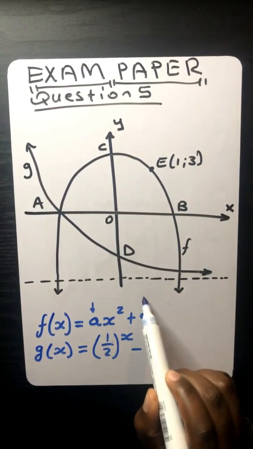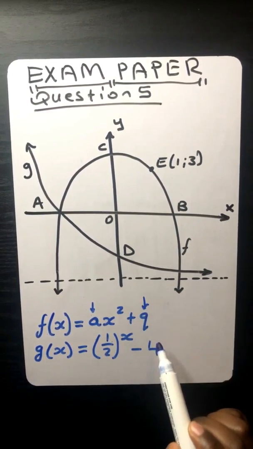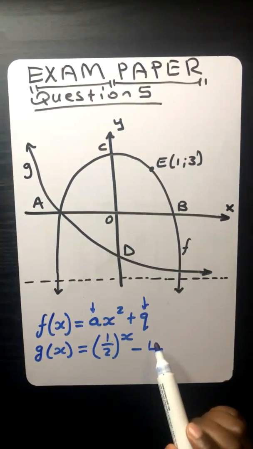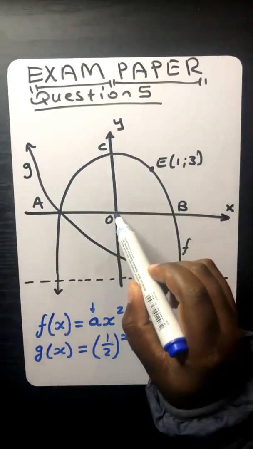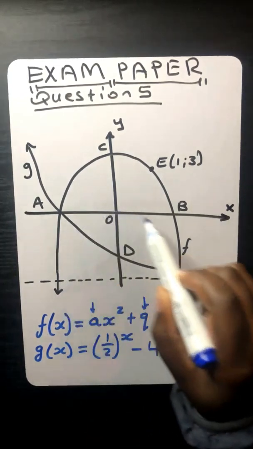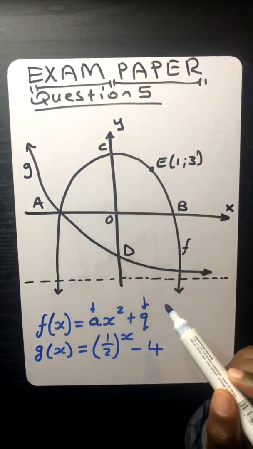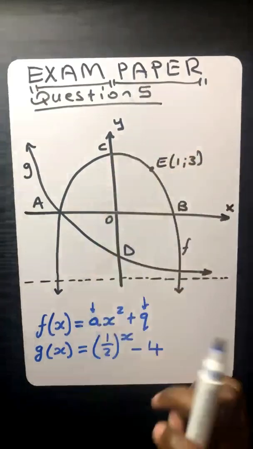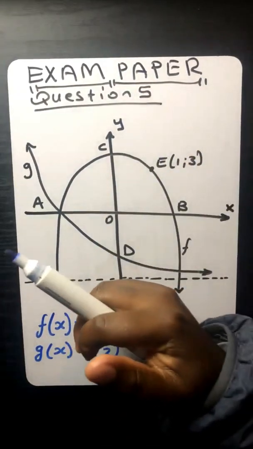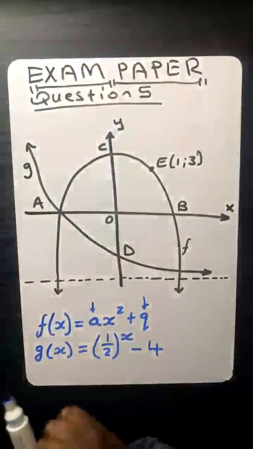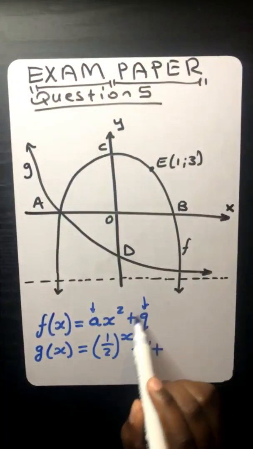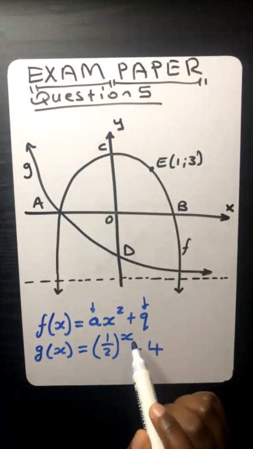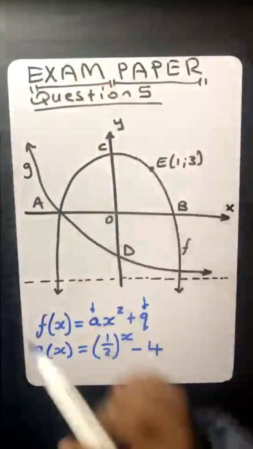With regards to Q, we said Q represents the vertical shift. What does it mean by the vertical shift? It means this parabola was actually making a U-turn at the origin, but now you can see it's no longer making the U-turn at the origin but up there, which means it has shifted by so many units upwards. Because now it's just Q, we are not yet sure by how many units it has shifted upwards.